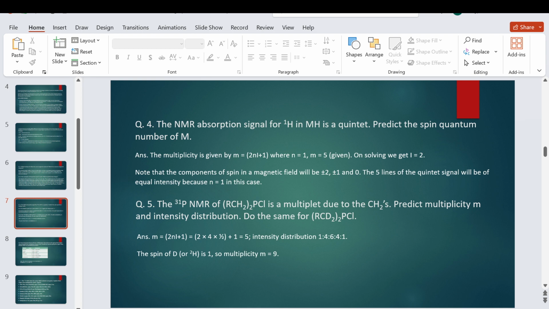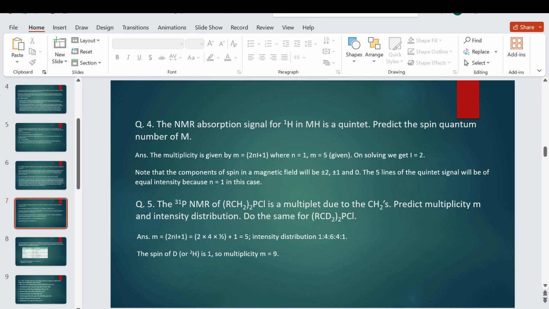Question 4. The NMR absorption signal for proton in MH, a hypothetical compound, is a quintet. Predict the spin quantum number of M. Answer. The multiplicity formula is M = 2nI + 1, where n is the number of nuclei causing splitting. In this case it is 1.